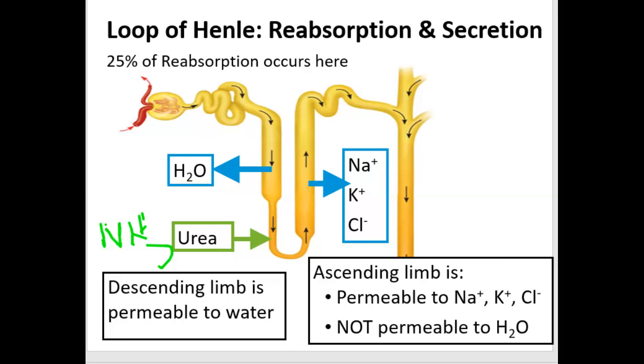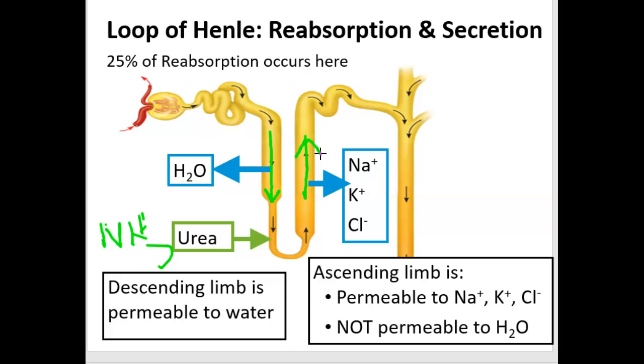Well, together they form something called a countercurrent multiplier. That's just a fancy term for saying that because fluid is moving in opposite directions in the two limbs, we can maximize the reabsorption of solutes, and that means that the renal medulla, where the juxtamedullary nephron loop of Henle is, becomes very concentrated.